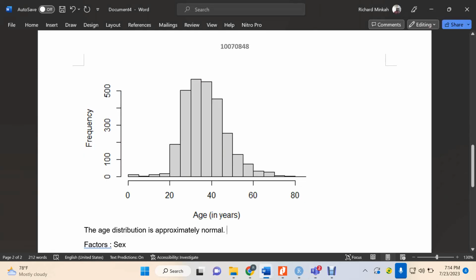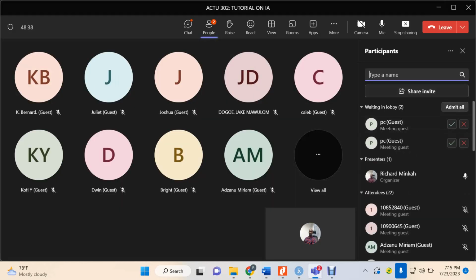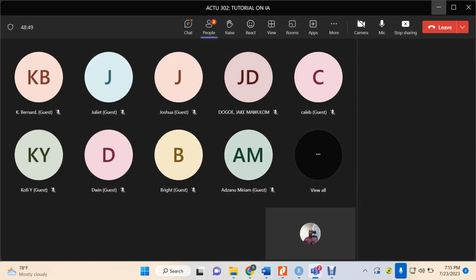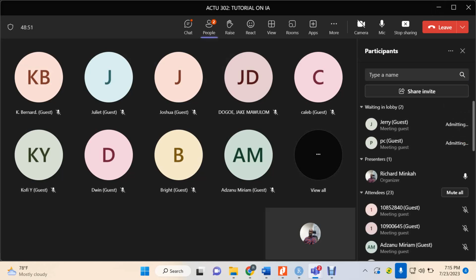You don't have somebody who is about 120 years old. They are all around the mean. So we can say that it's approximately normally distributed.